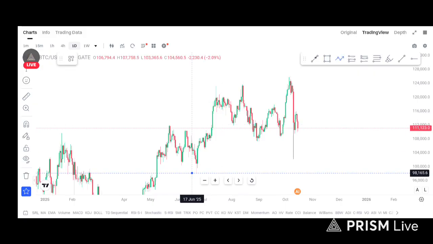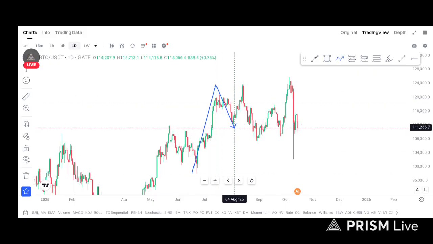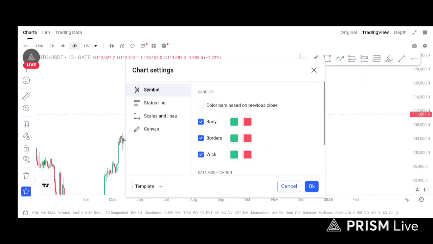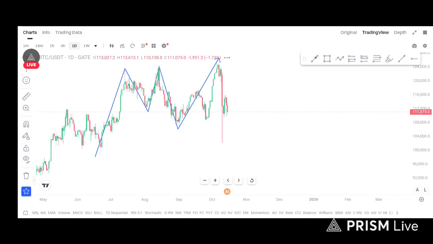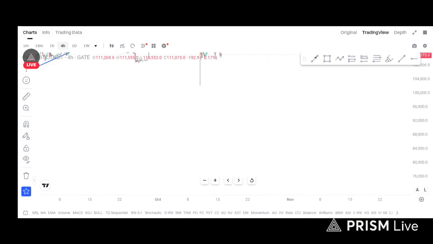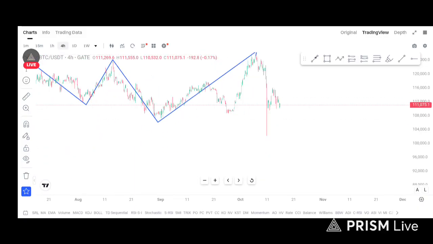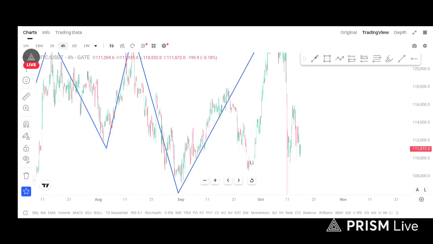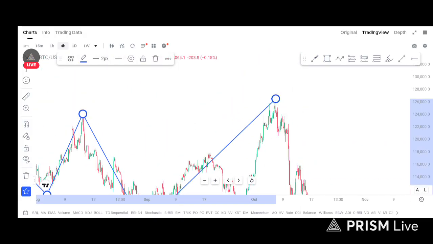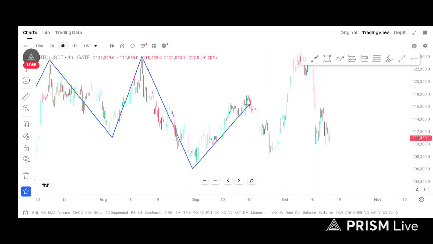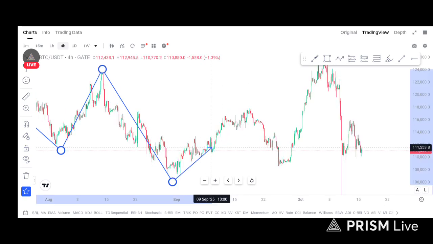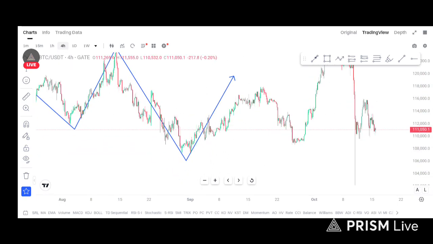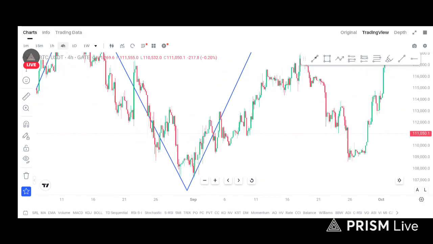I will just mark out these guys so you understand what is happening there. So we go to the 4-hour, and let's say when the market was still trending up, you might take your first buy here.